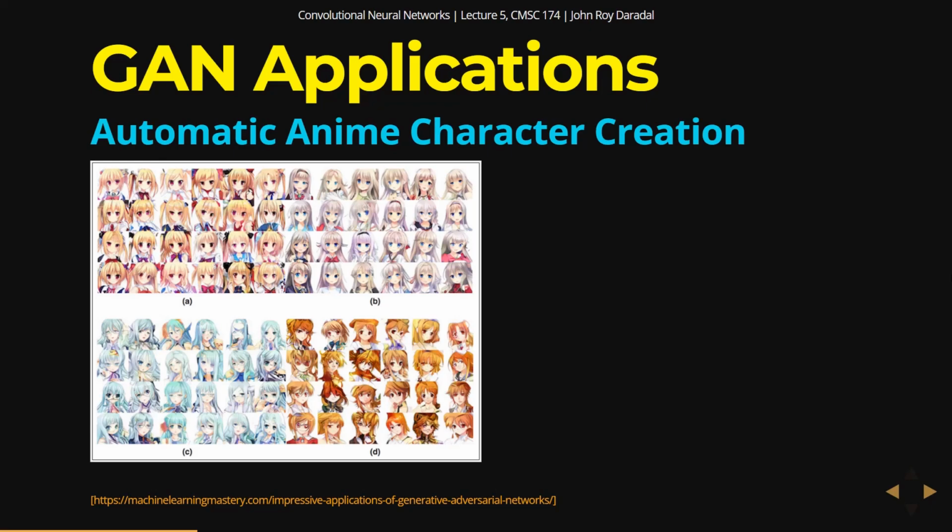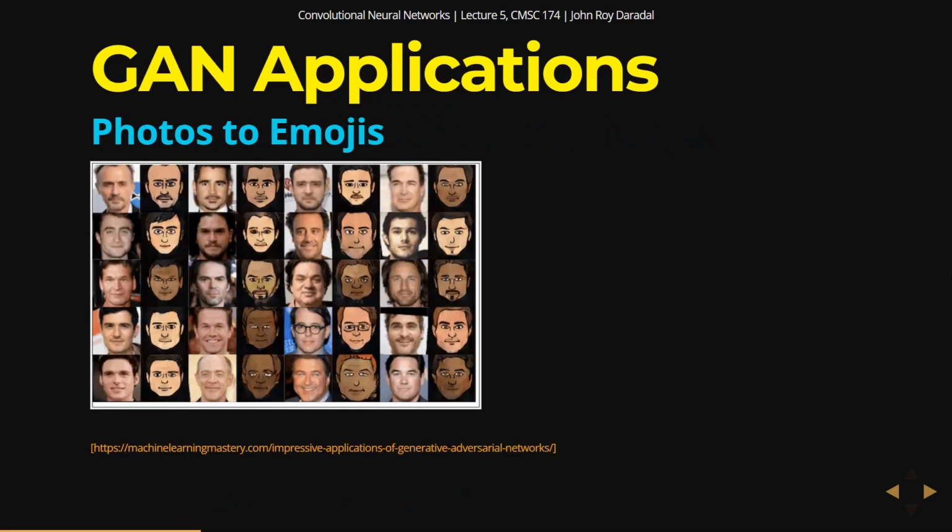Just by looking at tons of anime characters, the GAN can also create its own anime character images. And then you have photos to emojis, so automatic creation of emojis from photos of humans.